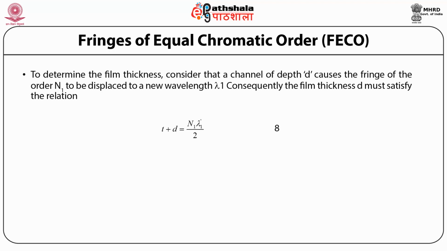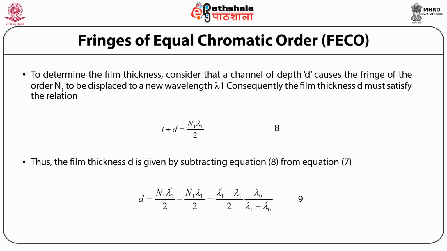To determine the film thickness, consider that a channel of depth D causes the fringe of order N1 to be displaced to a new wavelength lambda 1 prime. Consequently, the film thickness D must satisfy the relation T plus D equals N1 lambda 1 prime divided by 2. Let's call this equation 8.